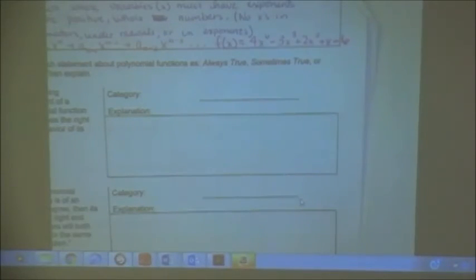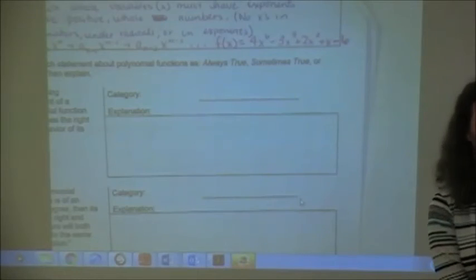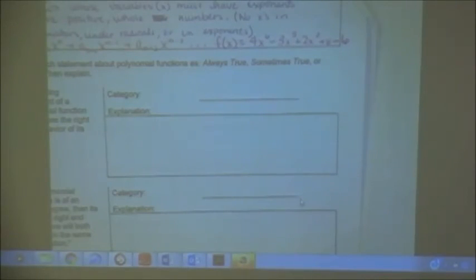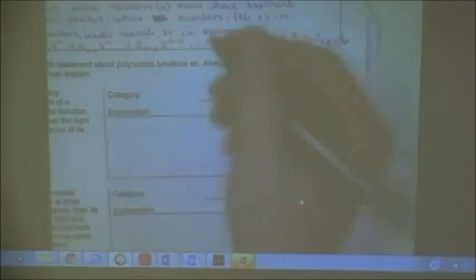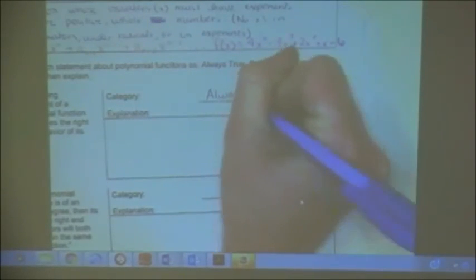Is it always true, sometimes true, or never true? Always, because it just flips. It just determines it. I agree. It's always true.